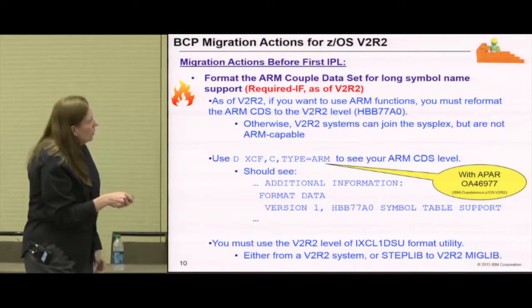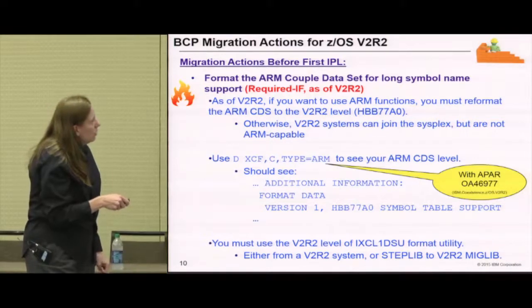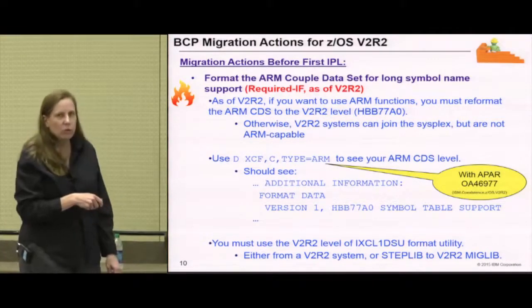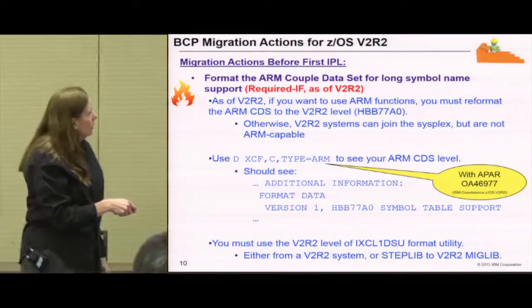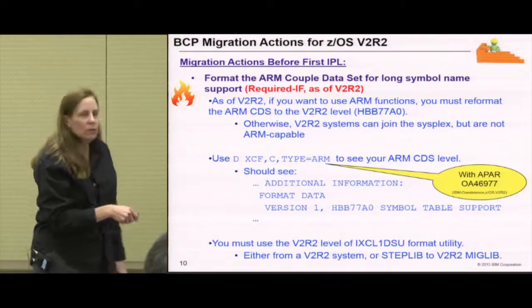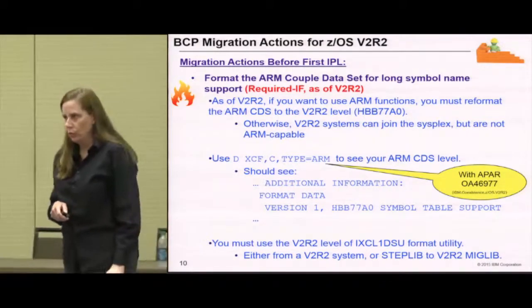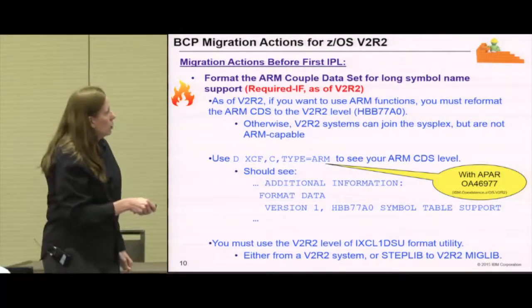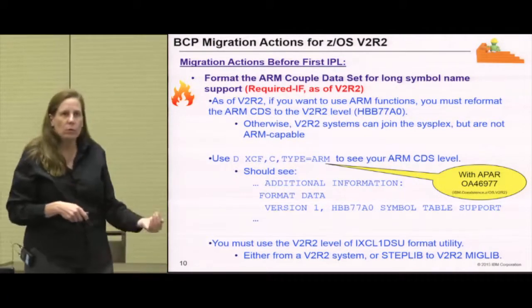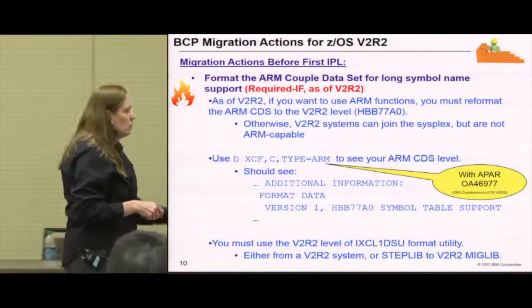So what you'll see with that APAR on, if you do a display XCF type equals ARM, is that after you've done the reformat the level is HBB77A0. By the way, HBB77A0 is z/OS 2.2. If you don't see HBB77A0, then you know you've got to reformat your ARM couple data set. How do you do that?